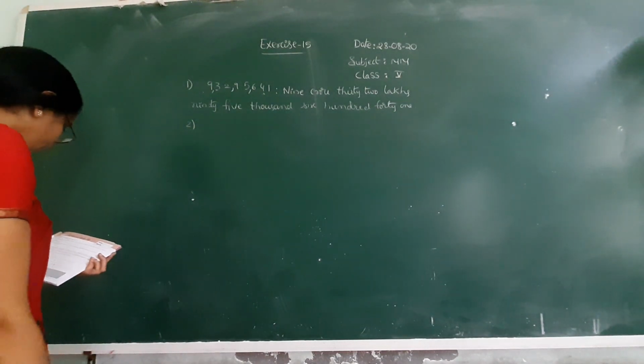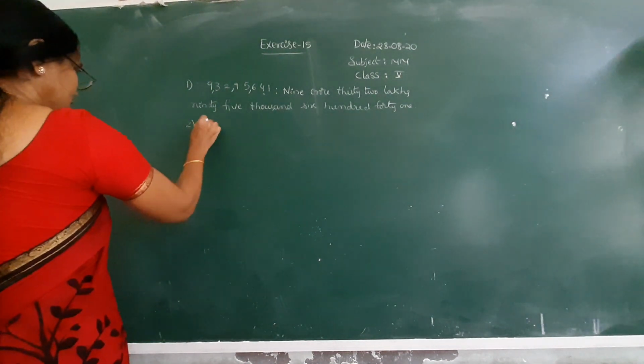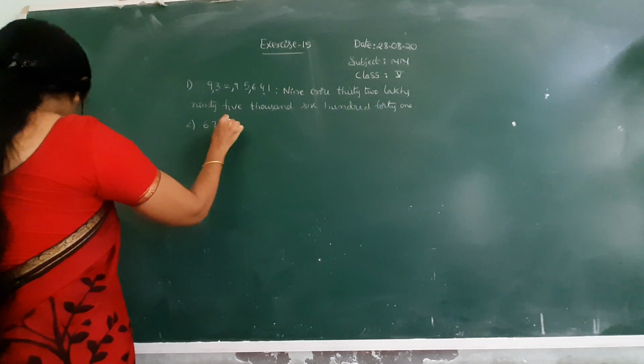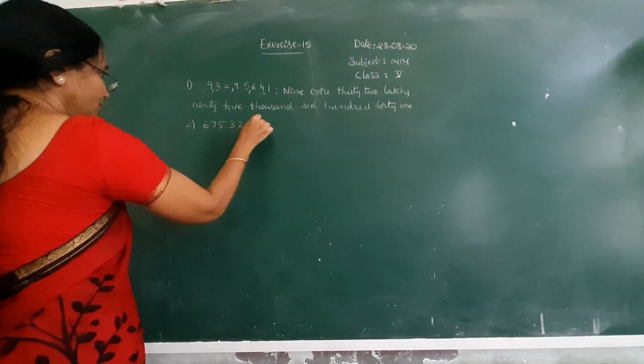So see the second one. They are asking to find number name in the universal system. 6753241.